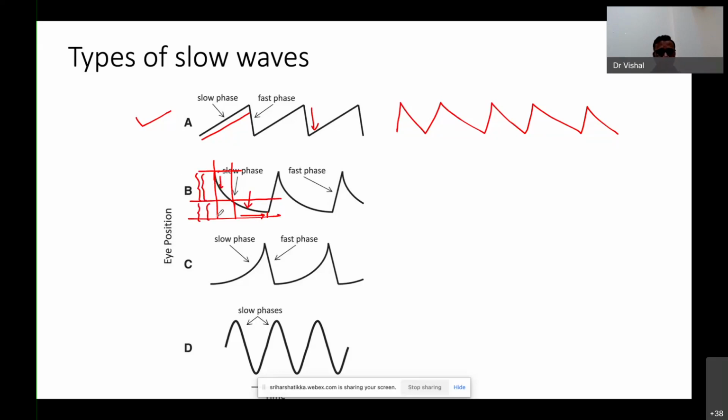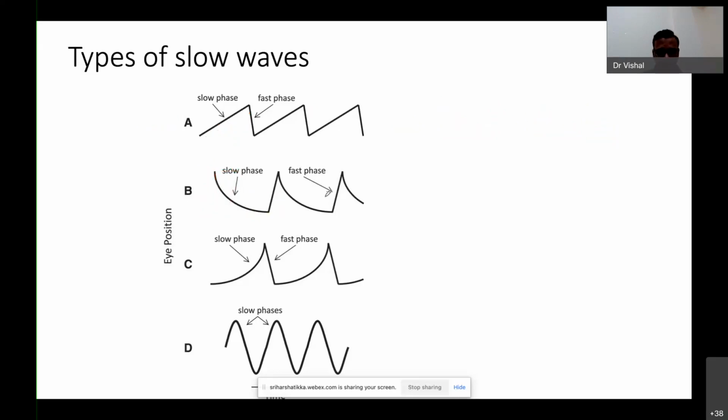So I will tell you again. Suppose this is point A, this is point B, and this is point C. The eyes are moving from here to here and to here. This is the duration taken by the eyes to move from this point to this point.